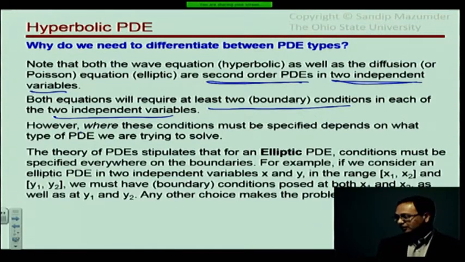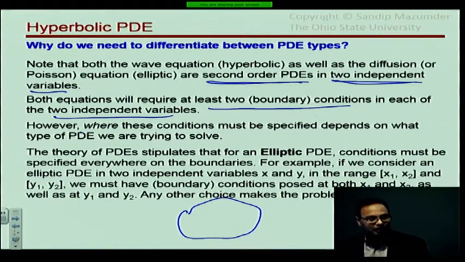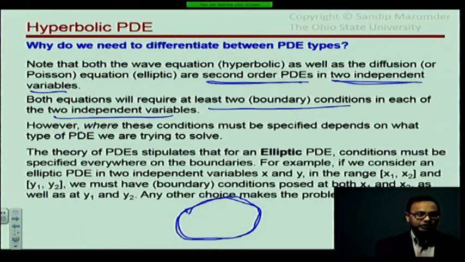So if I am analyzing an object which is of this shape, I must specify boundary conditions on all these surfaces. Can't leave out even a single point. If you do, then that problem is ill-posed. You can't solve it.